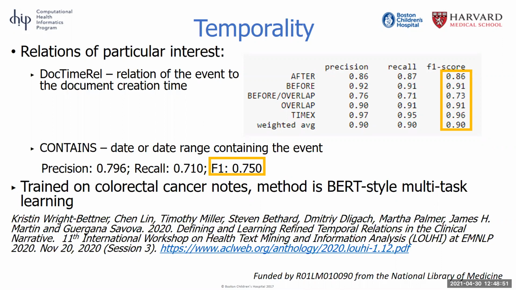I don't have the reference for that one yet because it hasn't been published yet, but that will be coming in the NAACL conference, I think in June. So the state of the art, I believe with the latest results, we pushed it to 0.77 for the finer grained temporal relations.